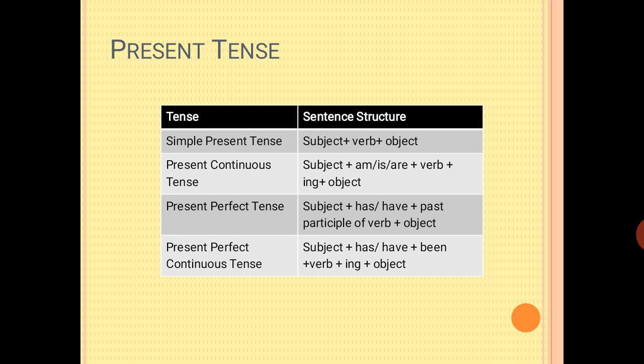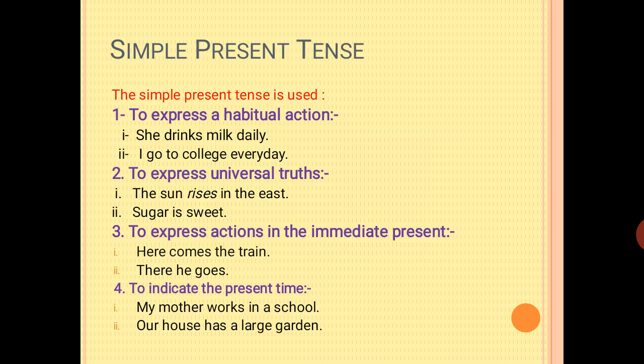Present perfect tense has the structure subject plus has or have plus the past participle of the verb, meaning the third form of the verb, plus object. Present perfect continuous tense has the structure subject plus has or have plus been plus verb plus ing plus object. Sometimes there may be no object, in sentences like "The bird flies", which is without an object.